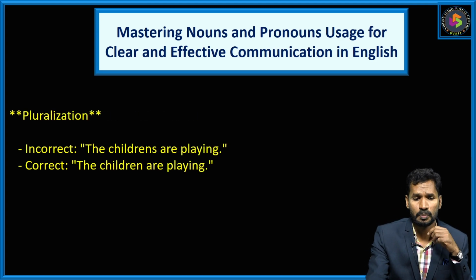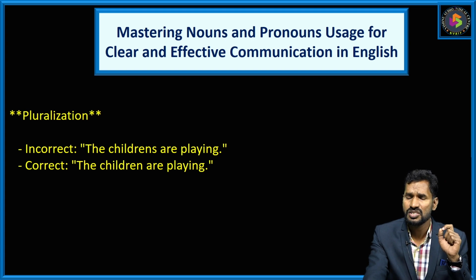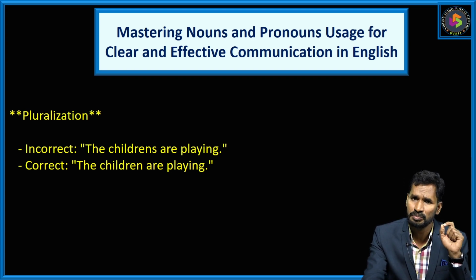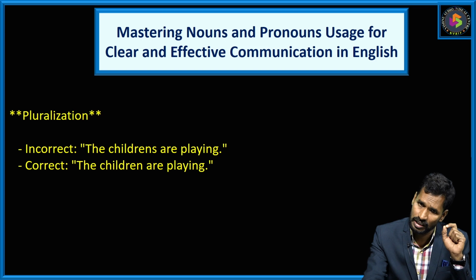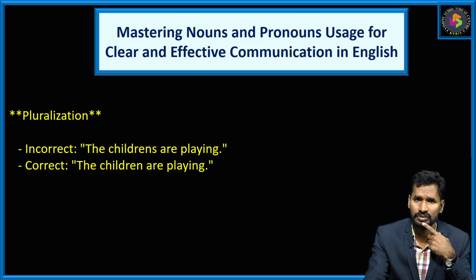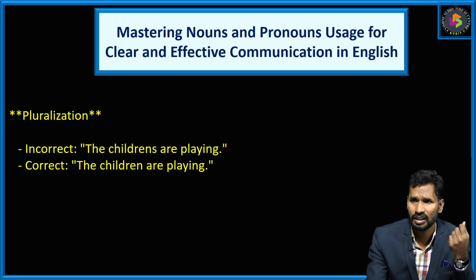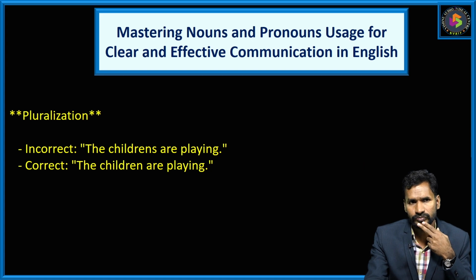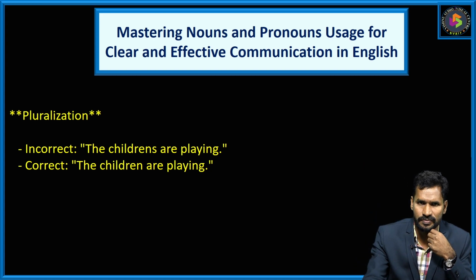Next one is pluralization. This is quite a common mistake made by learners, beginners and proficient speakers also. The reason is probably that it might be confused with a possessive marker like apostrophe s.